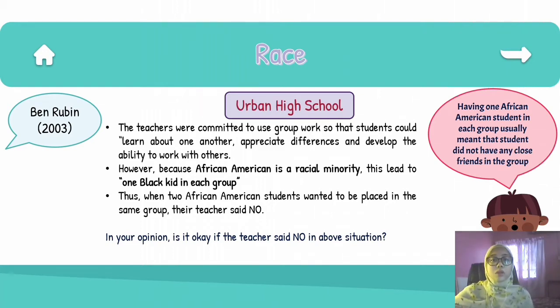When they don't have a close friend in the group, since they are different from others, this student will not give full cooperation to their group work due to less self-confidence. So teachers, please be sensitive about your students first so that the teaching and learning process can run smoothly.